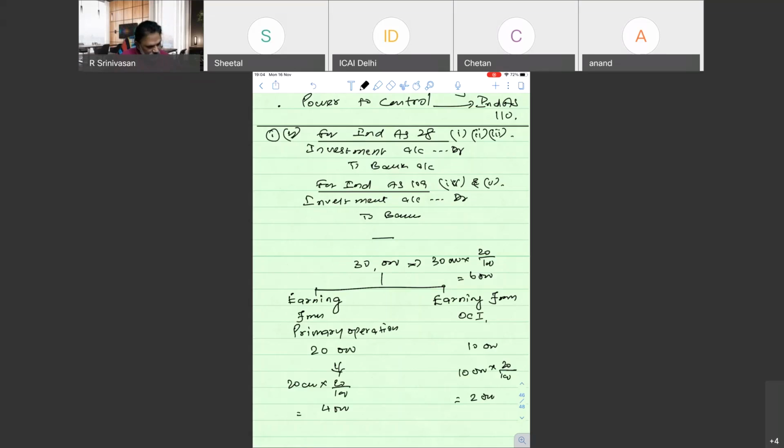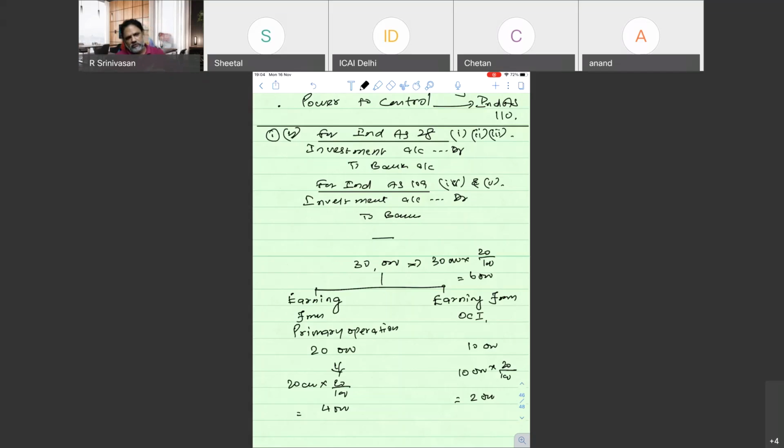Here two different things are there. First is investment account debit 6,000, to profit and loss account 4,000, to other comprehensive income 2,000. So now the investment is increased from 46,000 to 52,000.